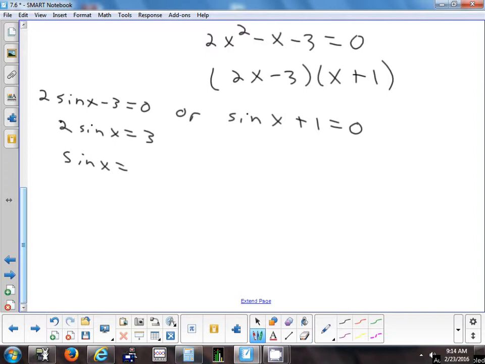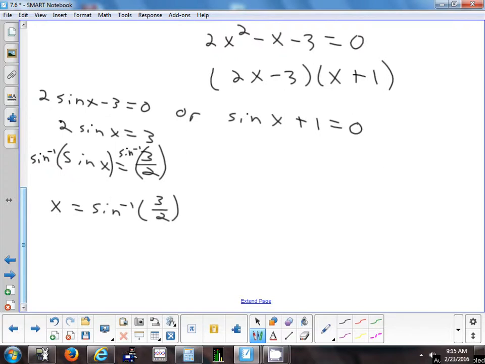It should be 3 over 2. 3 divided by 2. And now what would I do on each side? I'd do the inverse sine. So take inverse sine, just like we did on last night's homework. And I get x equals the inverse sine of 3 halves.